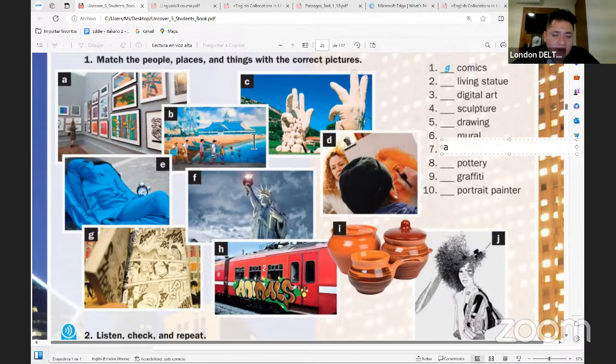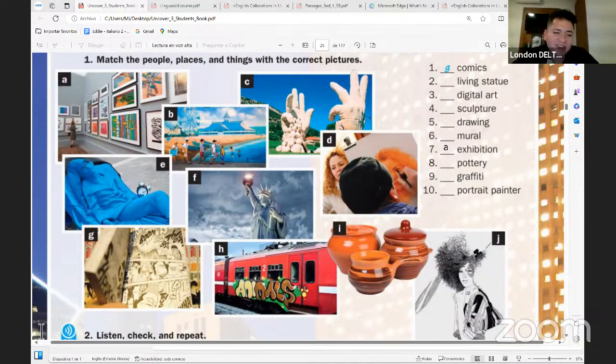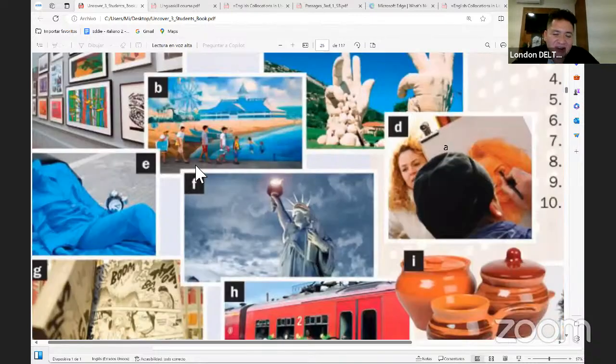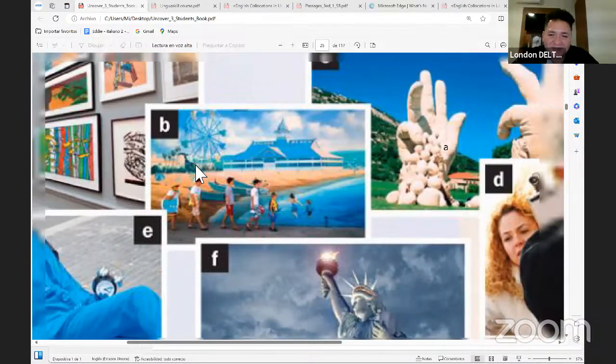Money, what do you see in letter B? What do you think? It looks strange, right? Es un parque, es una playa. Yes, something like that.